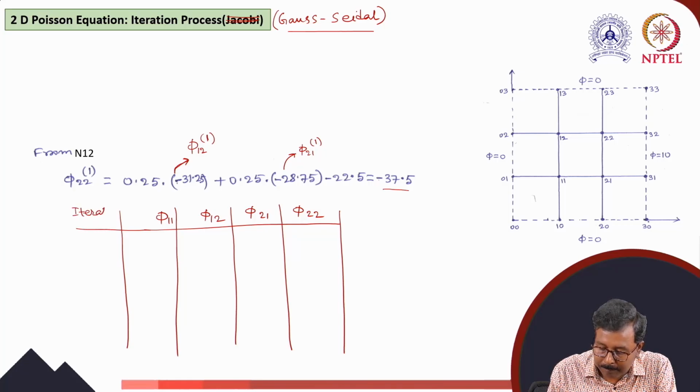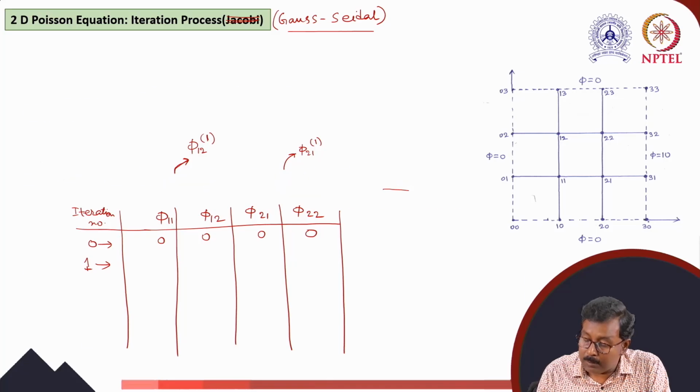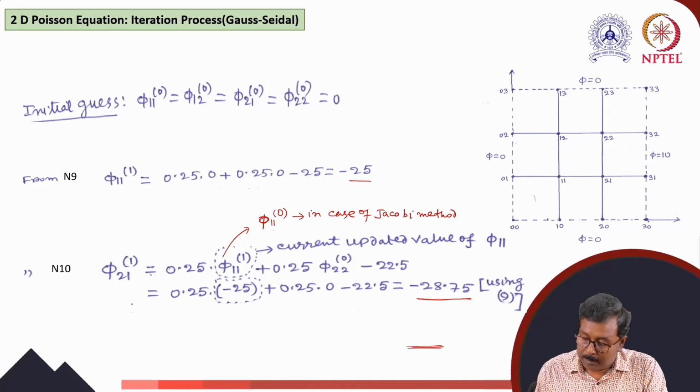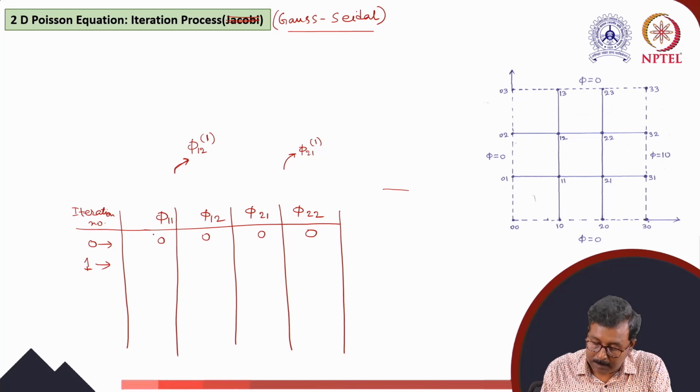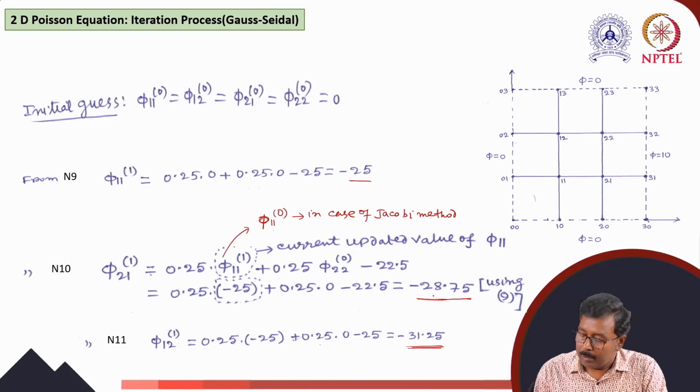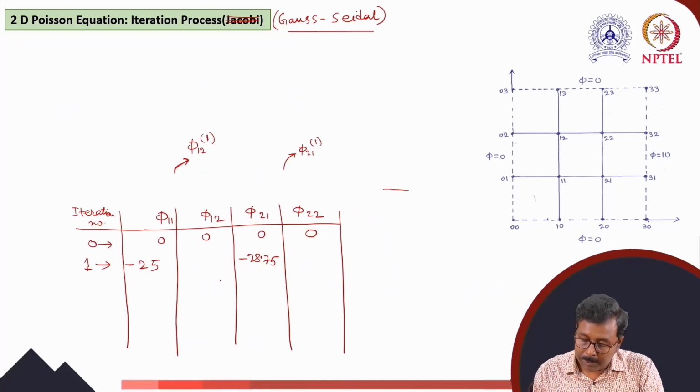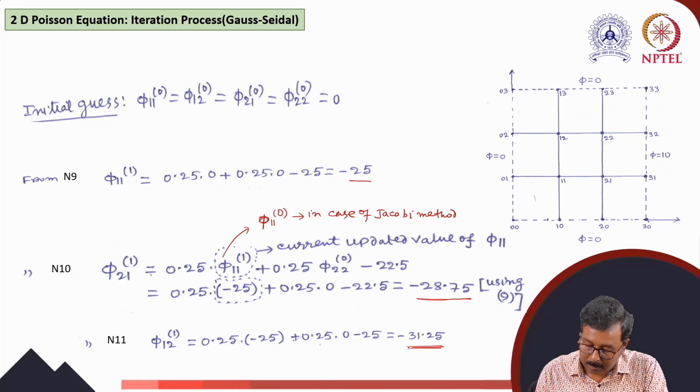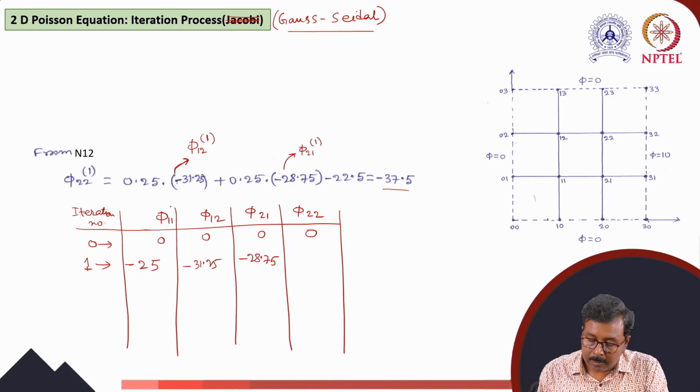Iteration number 0, initial guess 0. For iteration 1, the values are minus 25, minus 28.75, minus 31.25, minus 37.5.